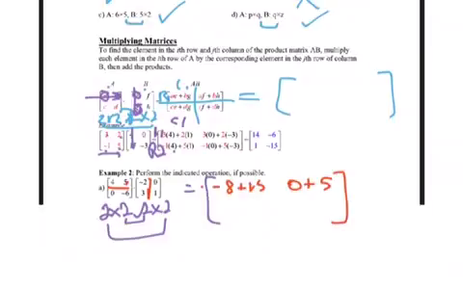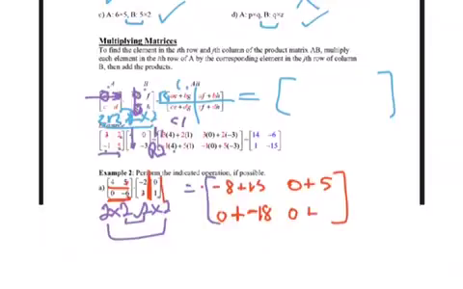And now I want to do row 2, column 1. So I'm going to use row 2, column 1. 0 times negative 2 is 0. Negative 6 times 3 is negative 18. And now I've got row 2, column 2, so I'm going to use 0 times 0 is 0.